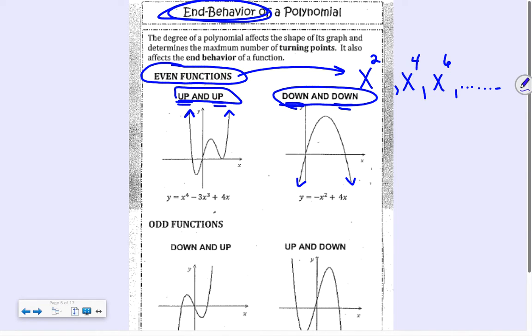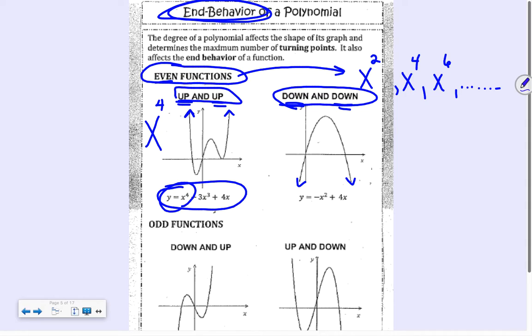Okay, here's my question to you. Why is this an up, up function? Look at the function right there. Because it has x to the 4th. It's got to be even. Is it even? Yes, it is. This is an x to the 4th.